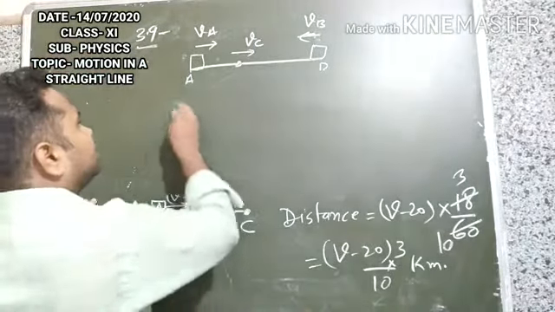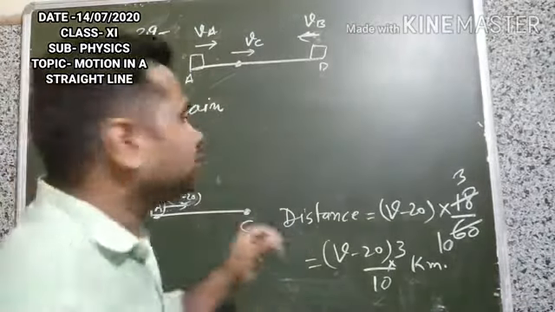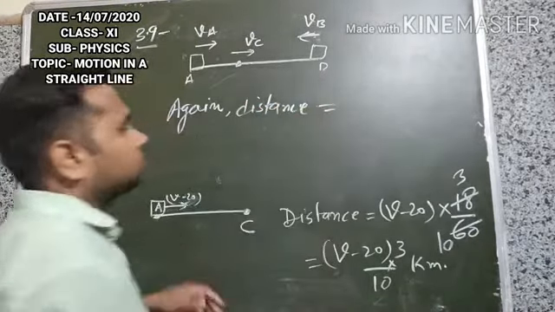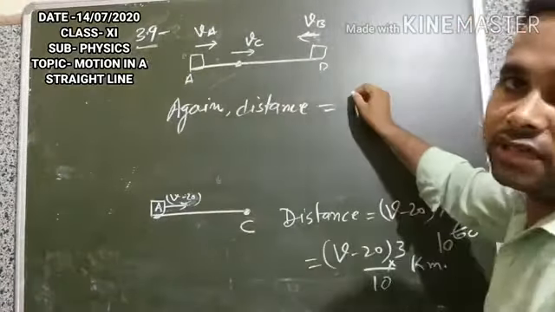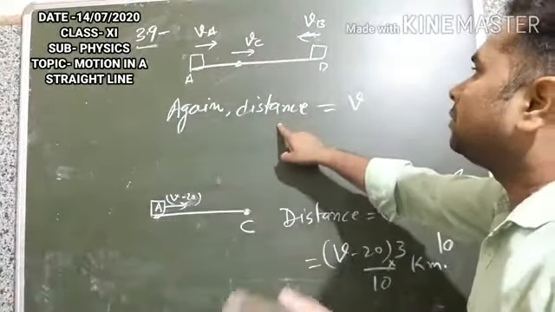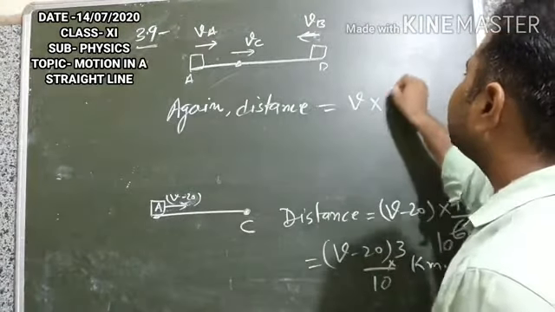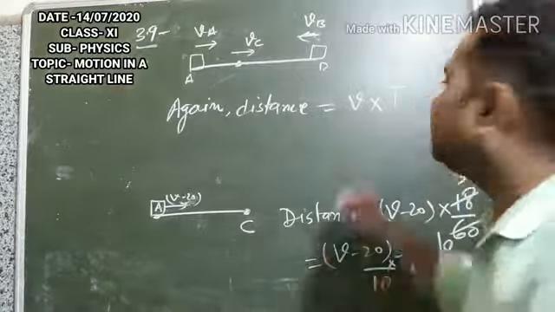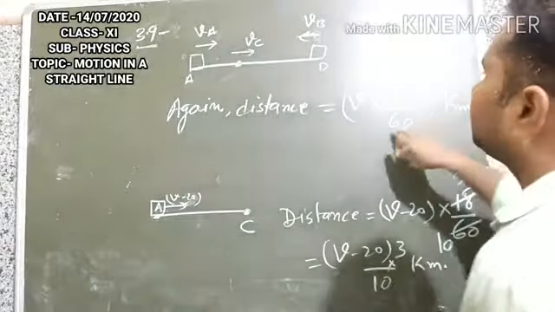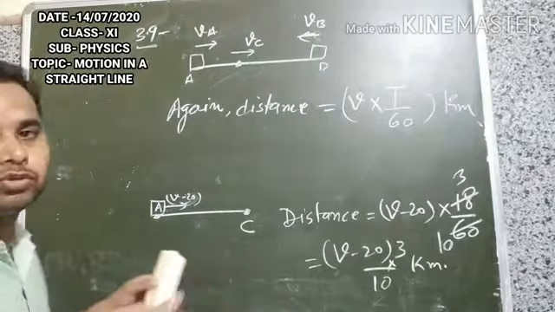And that bus is reaching the cyclist. So again, distance equals speed into time. The speed of the bus is V. Here we are not using relative velocity. The distance traveled by the bus is V, the speed of the bus, multiplied by the time, that is t minutes, and t minutes converted into hours by dividing by 60. So this is also the distance in kilometers. Both are showing the same distance traveled by the bus to reach the cyclist.